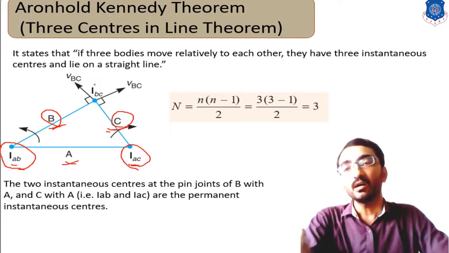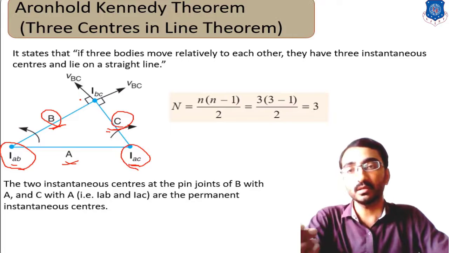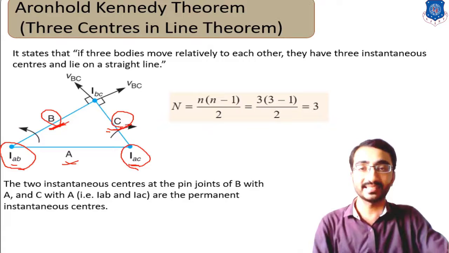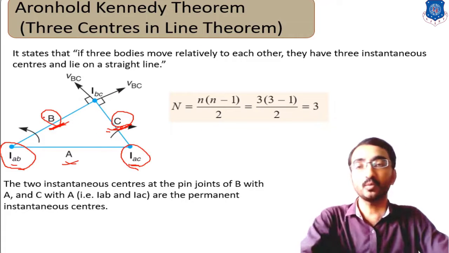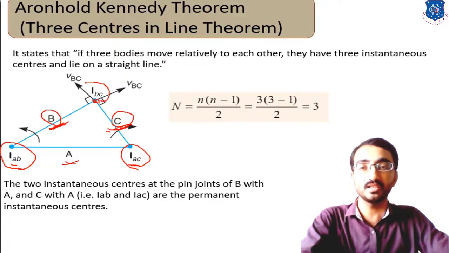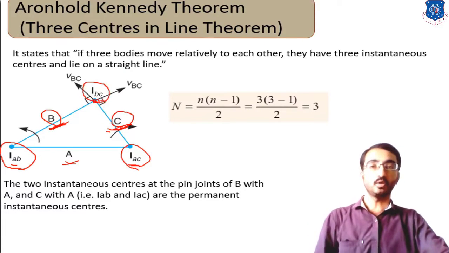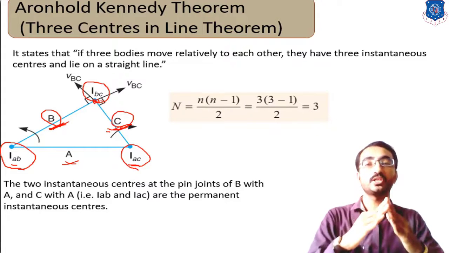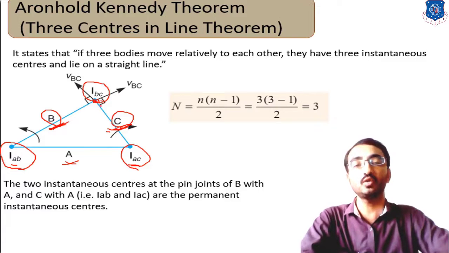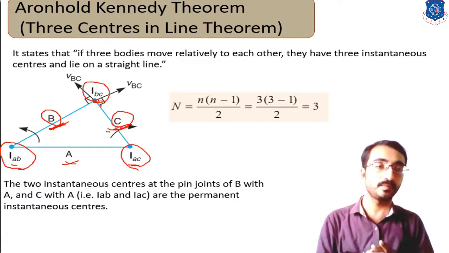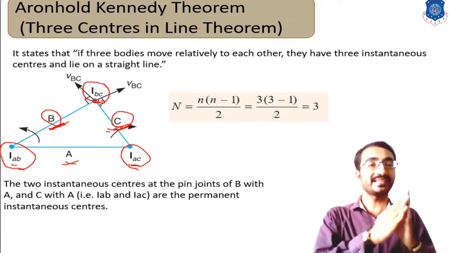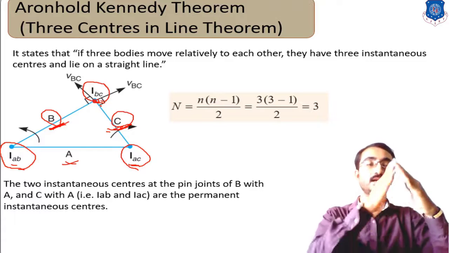Now let's find the instantaneous center of link B with respect to link C. With respect to C, we can locate it at their pin joint, IBC, over here. Now if we consider instantaneous center IBC at the pin joint position and want to find the direction of velocity of link B, we have a basic rule that any link will have a velocity in the direction perpendicular to its line of action.